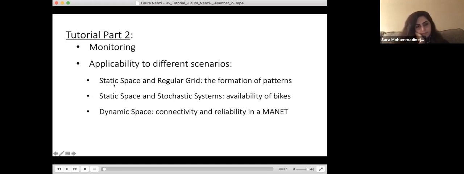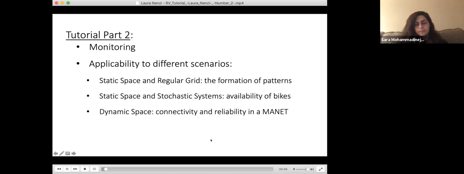One considering a static space and a regular grid, where we study the formation of patterns. Then a scenario with a static space and a stochastic system, where we study the availability of bikes in a bike sharing system. And then one with a dynamic space, where we describe the connectivity and reliability in a wireless sensor network.